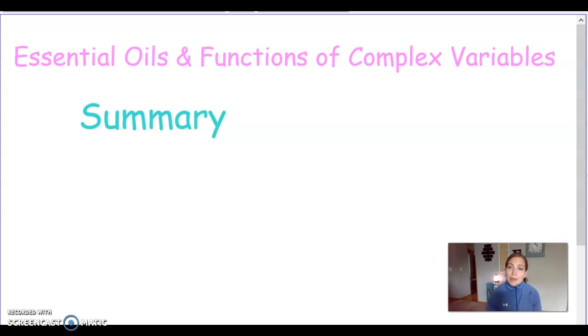So maybe someday I'll have time to research the chemistry and more of the mathematical ties to essential oils. But for now, the class helped me to understand that complex variables are everywhere. Like the professor says, they're beautiful. They create beautiful things in the world around us.